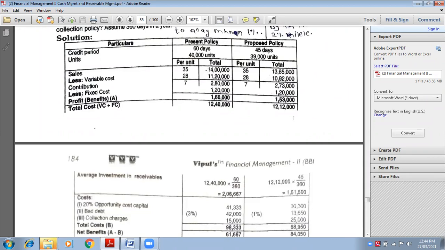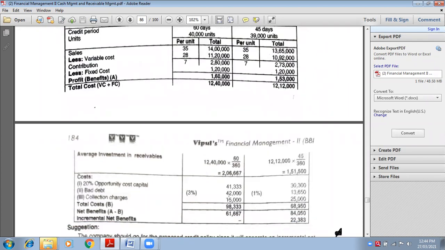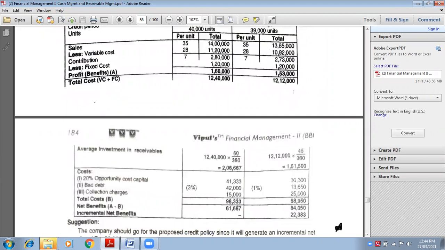Do it on the calculator and let me know the answer for bad debts. 42,000. See how beautifully they have written. They have written 3% here and its answer here, and then 1% here, its answer here. So similarly, you can also write it. 3% of 14 lakhs, 42,000. Is it correct? Yes, ma'am.